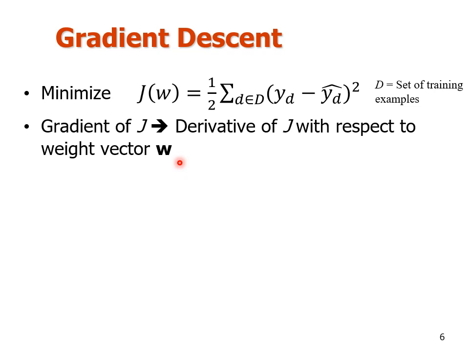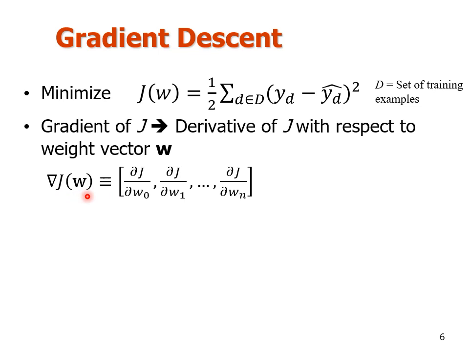The gradient of J is denoted as del J of w, and it is a vector whose components are the partial derivatives of J with respect to each of the wi's.